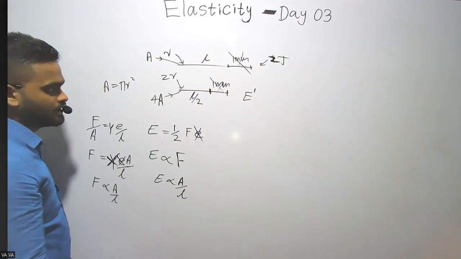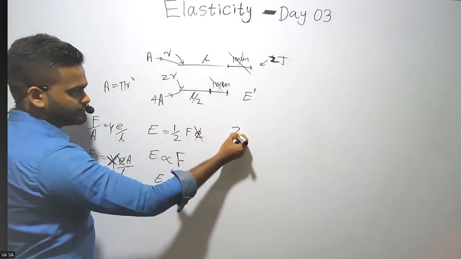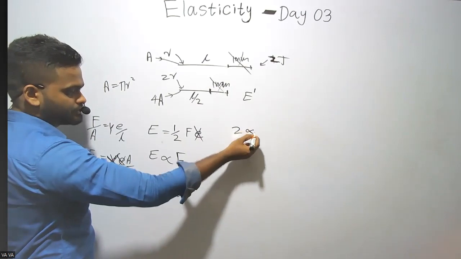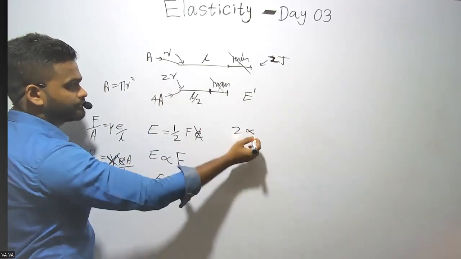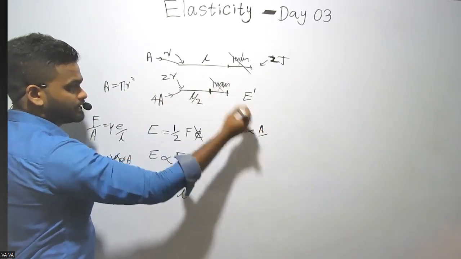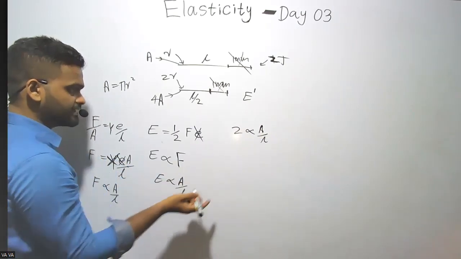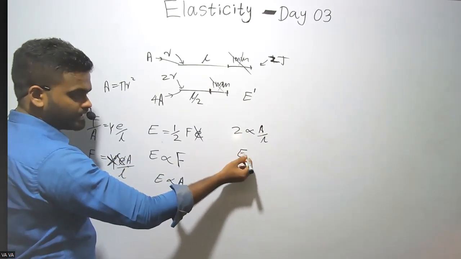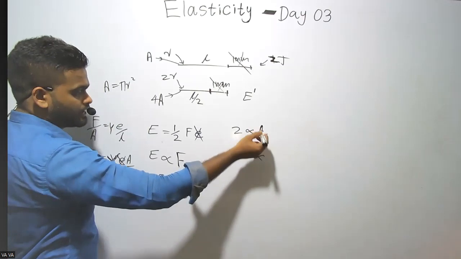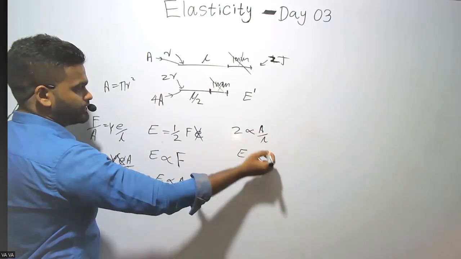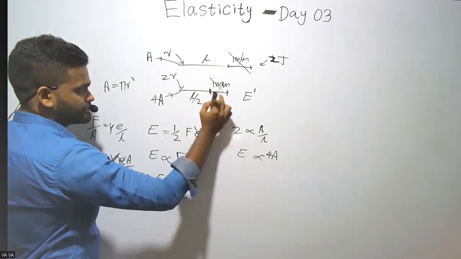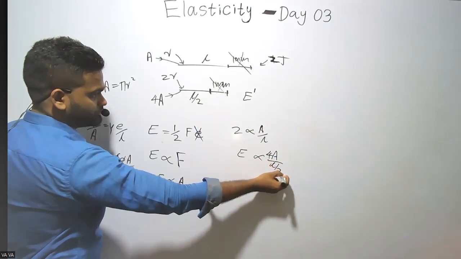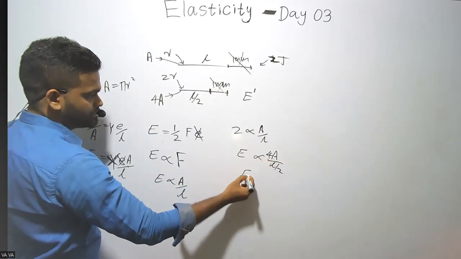For the first case, I'll write energy 2 is proportional to cross section A over length L. For the second case, which is what we need to find, energy is E, cross section is 4A, length is L over 2. I'll simplify this one.